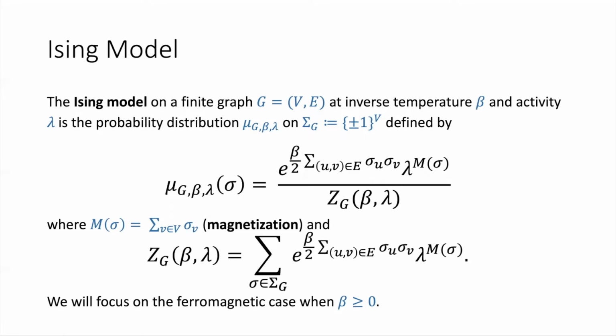In this case, let's say the unweighted graph, it's going to be the number of edges which have both their endpoints on one side of the cut, minus edges which cross the cut. We're also going to have lambda to the magnetization, being, as I talked about before, the sum of signs, that is the number of vertices which get a plus minus the number of vertices which get a minus. And then the total partition function Z_G for beta, lambda is going to be the sum over all signings of the same weight function.